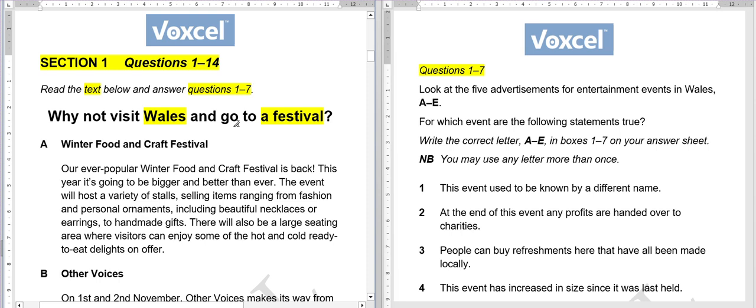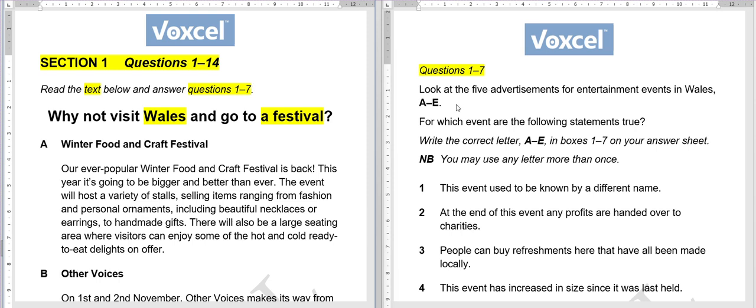If you are preparing for GT, you should know that section 1 and section 2 are usually divided into 2 and sometimes 3 parts, and each part has its own questions. Clear? For this part we have questions 1 to 7.